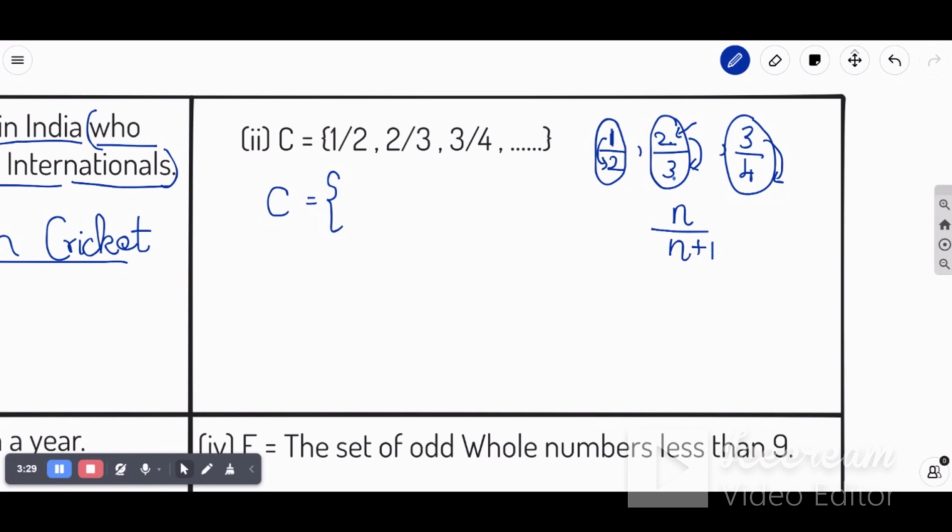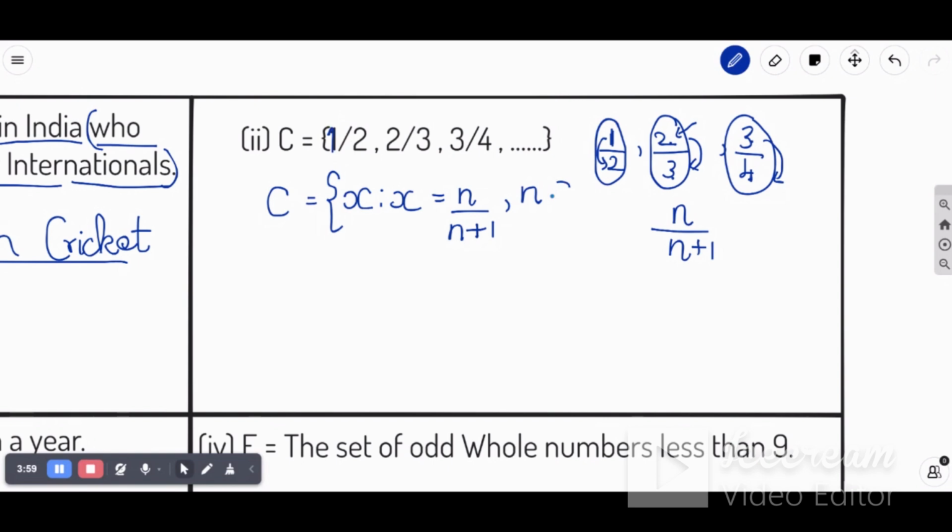If n is 2, n plus 1 will be 3. If n is 3, n plus 1 will be 4. Let's go and build our set. x such that x, we are not going to write is here because we are not going to write in words. So x is equal to n by n plus 1, comma. Now you have to say where this n lies. If you analyze the question, they have started with only 1 here, not 0.